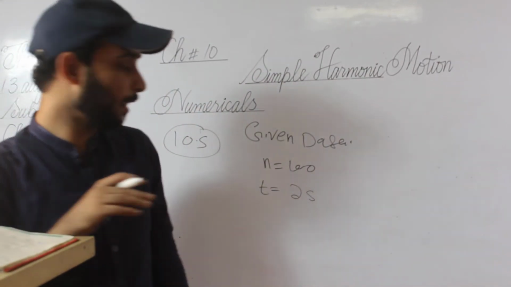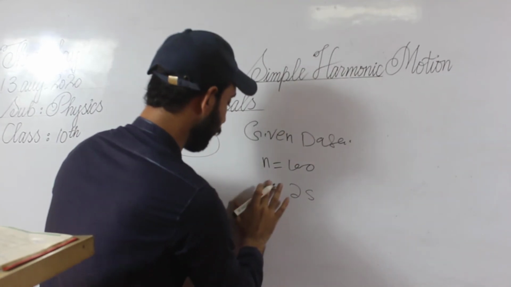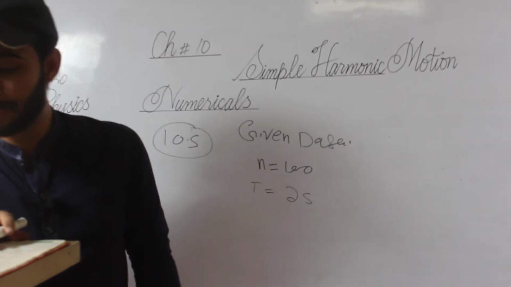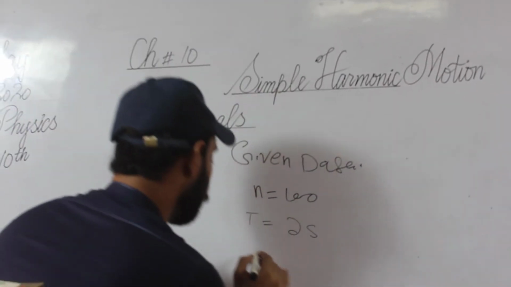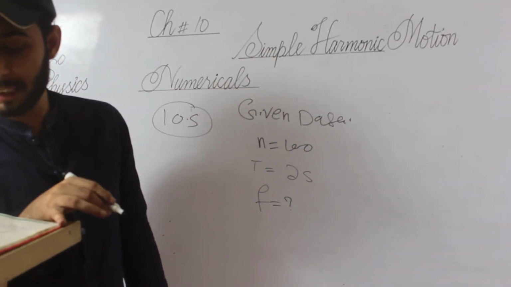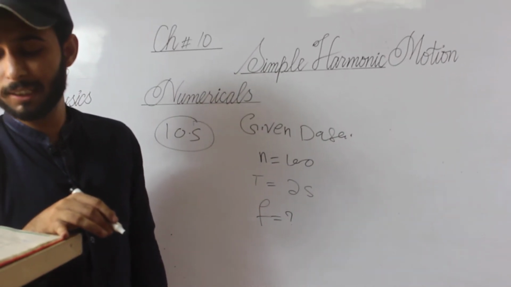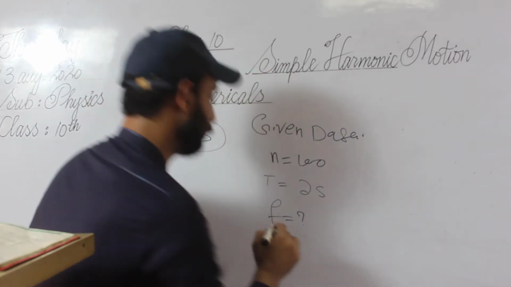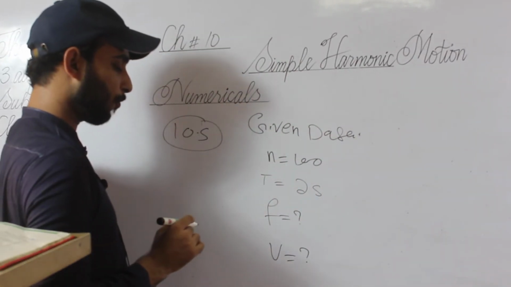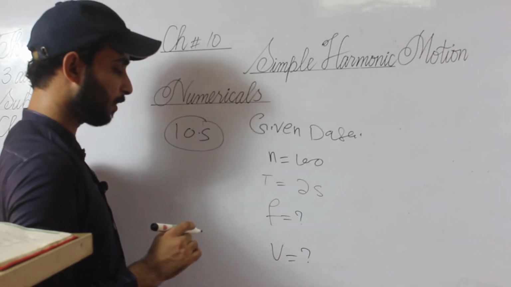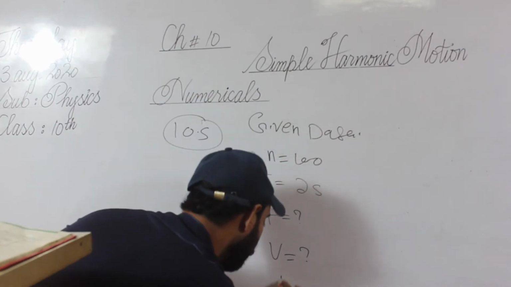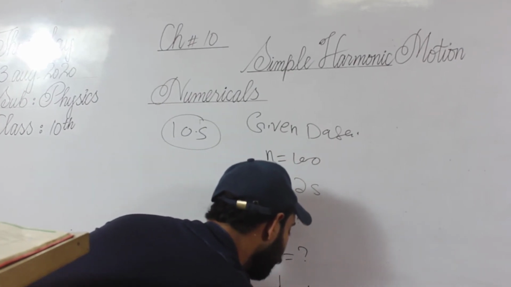Next thing, he says time period. Next, he says what is the frequency? We have to find it here, frequency. And again, the next thing he says, if the wavelength is 6 centimeter, calculate the wave speed. Wave speed and frequency we have to find here. And the next thing is the wavelength, lambda is equal to 6 centimeter.